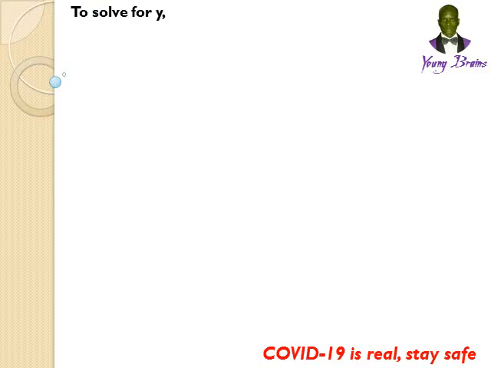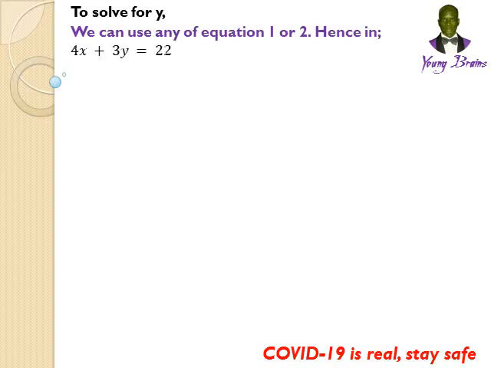To solve for y, we need to use any of the two equations, either equation 1 or 2. Hence, we can make use of 4x plus 3y equals 22. In this equation, we need to substitute for x, which we have gotten.